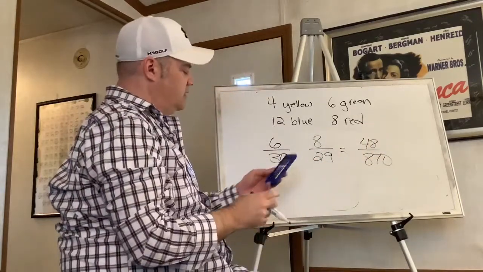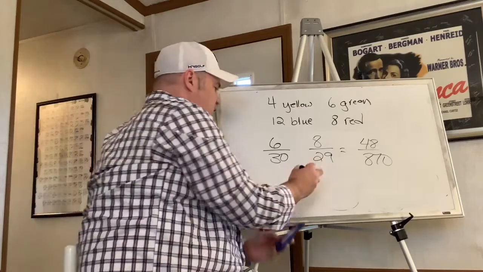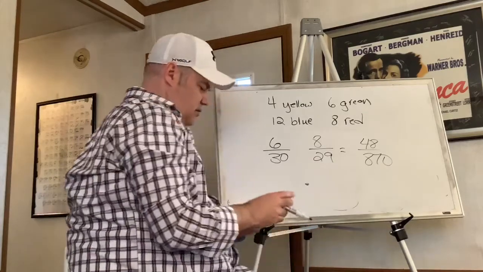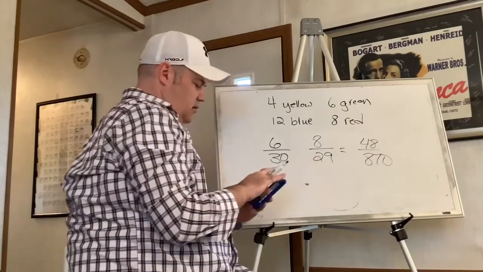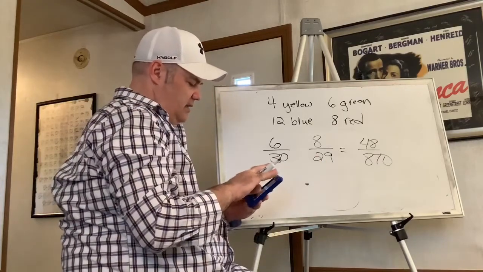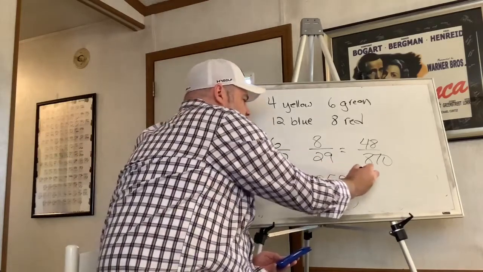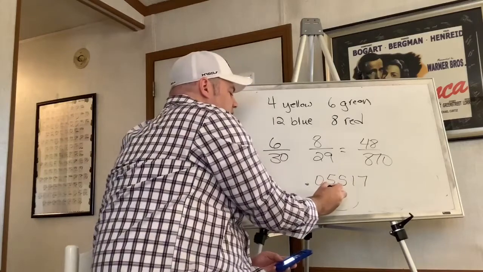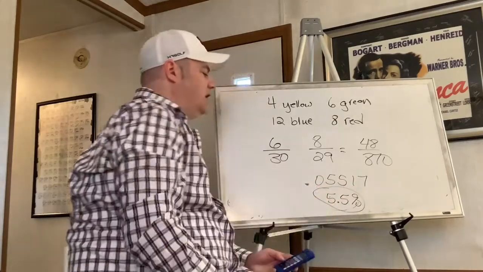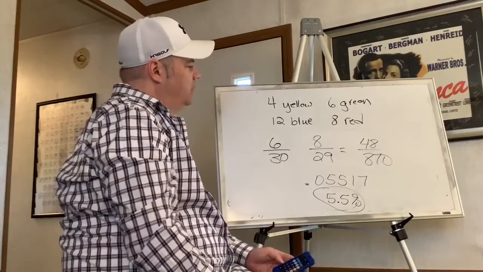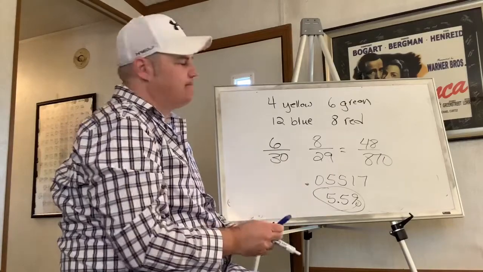That's 8 times 6. So now we do 48 divided by 870, 0.05517. Move the decimal twice. It becomes a 5.5%, rounded to the nearest tenth. So whether you put that back in the bag or not matters, okay?